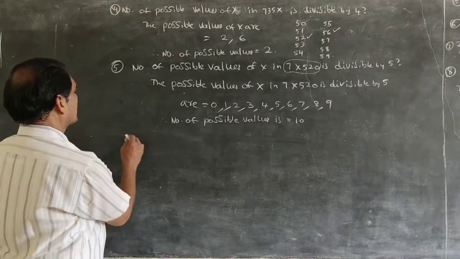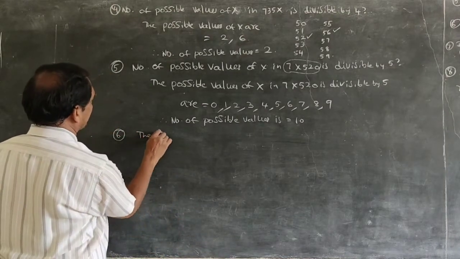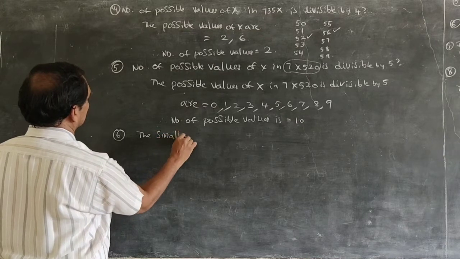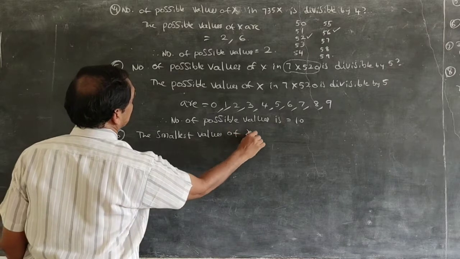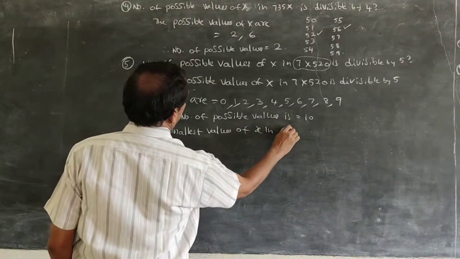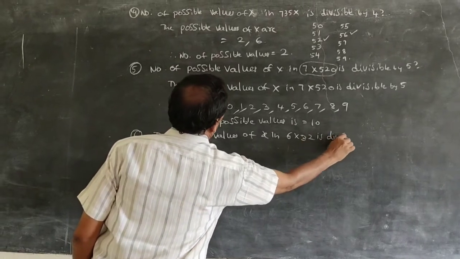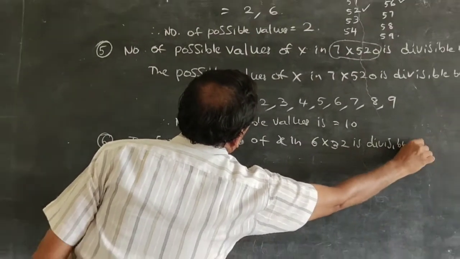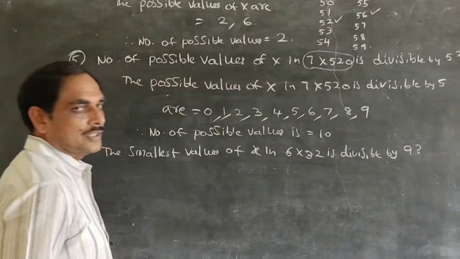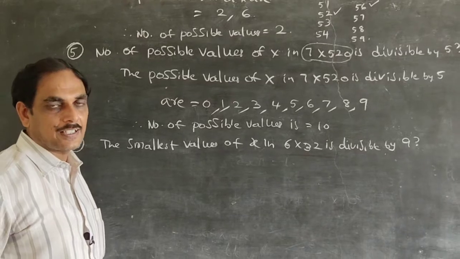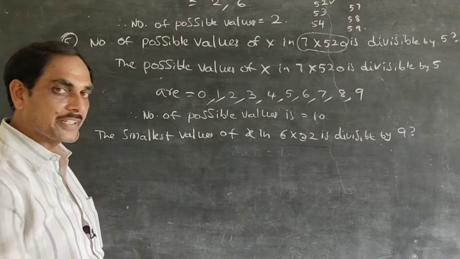Next we go to the 6th problem. That is, the smallest value of x in 6x32 is divisible by 9. So the divisibility rule for 9 is, if the sum of the digits in a number is divisible by 9, then the number is divisible by 9.